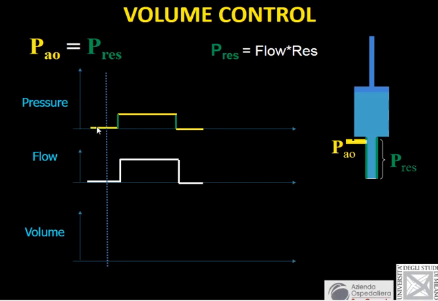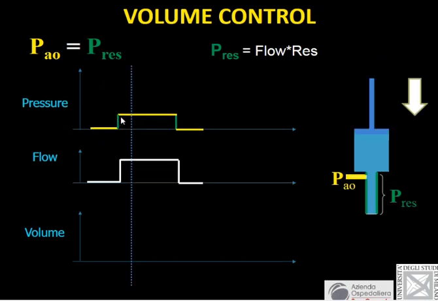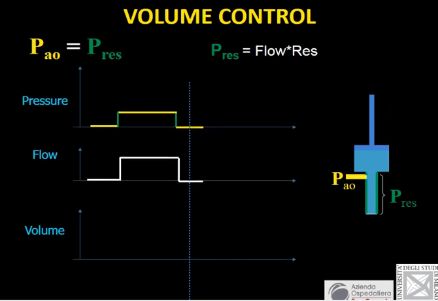We will see a step in the airway pressure, which is the pressure necessary to push the flow through this endotracheal tube, and then as soon as the flow goes to zero, this pressure also goes to zero because the pressure in the ventilator equilibrates back with the pressure in the atmosphere. So this is basically the resistive pressure, the pressure we are spending to generate a flow.